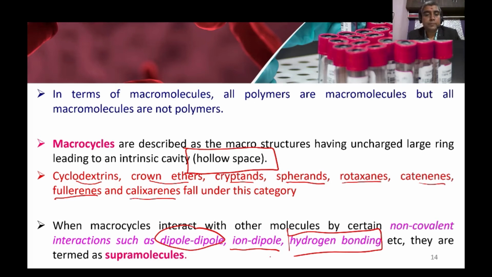Again, I repeat this. When a macrocycle interacts with some other molecules by certain, remember this word, non-covalent interactions, such as dipole-dipole, ion-dipole, hydrogen bonding, they are termed as supramolecules.